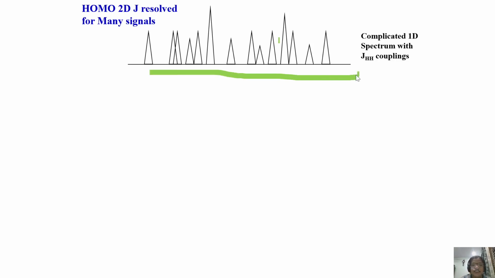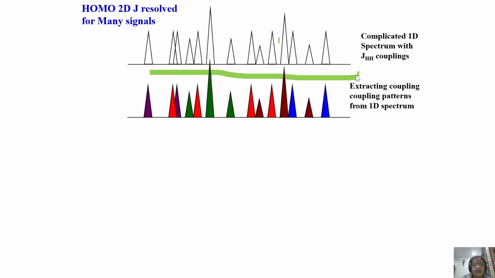Why can't we separate out the chemical shift and J coupling information into different dimensions? Let us try that. I am doing the coloring. Now I know this and this is a doublet, this and this is a triplet, and this and this is a doublet.